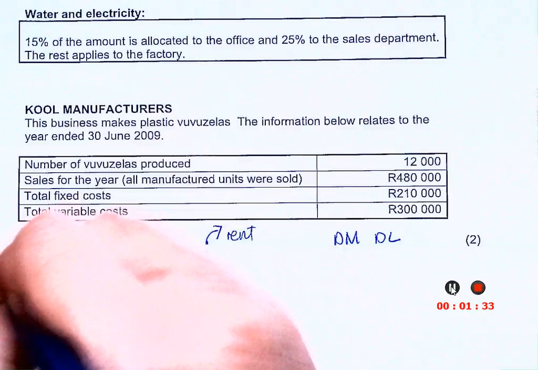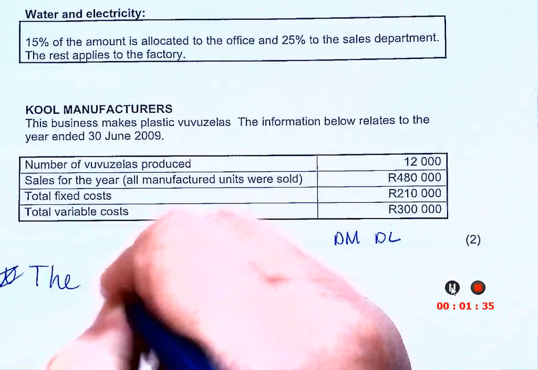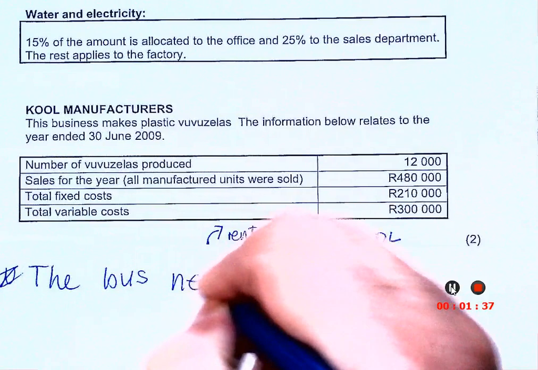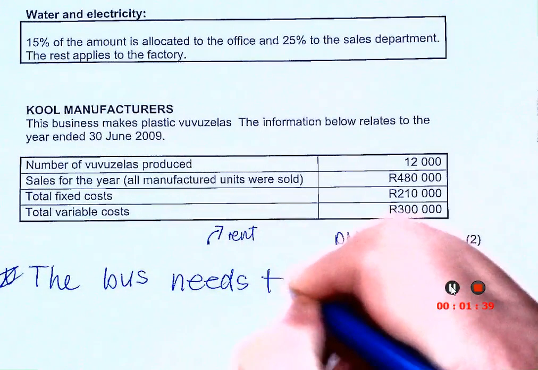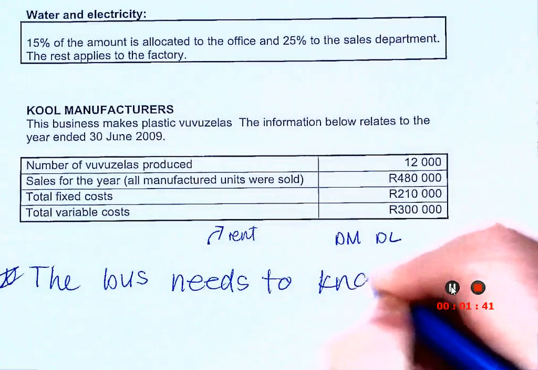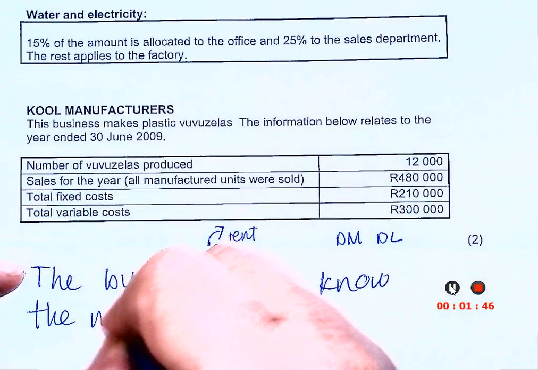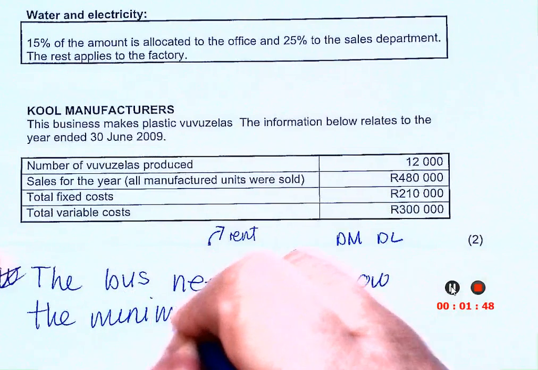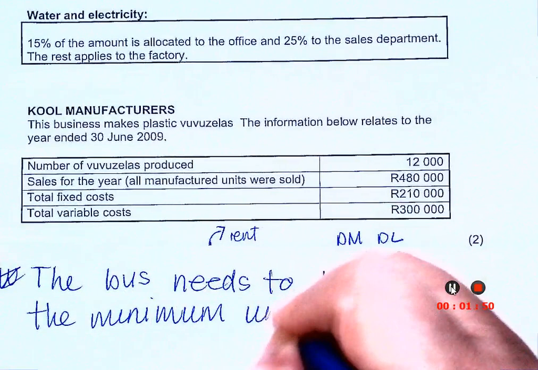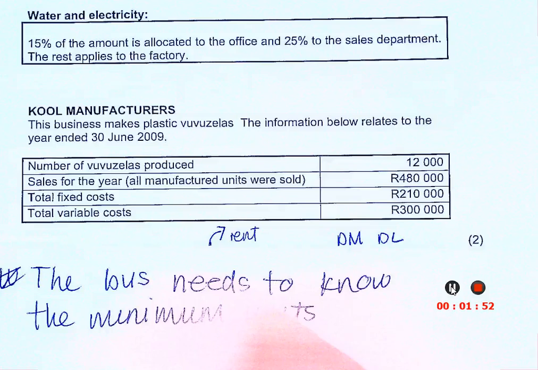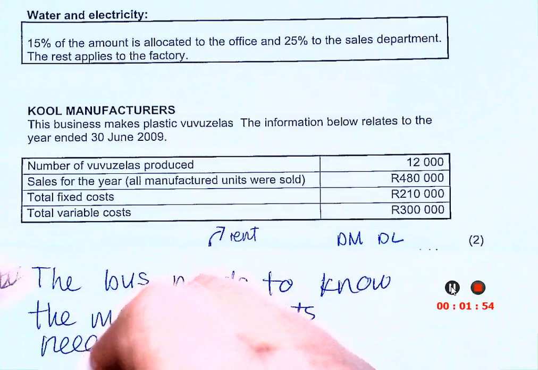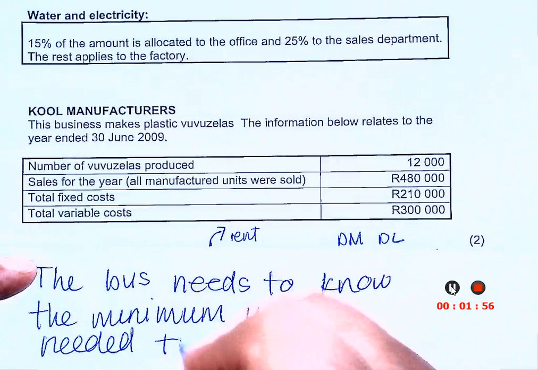We need to know, the business needs to know the minimum units needed to be sold. I don't know if my English is right though.